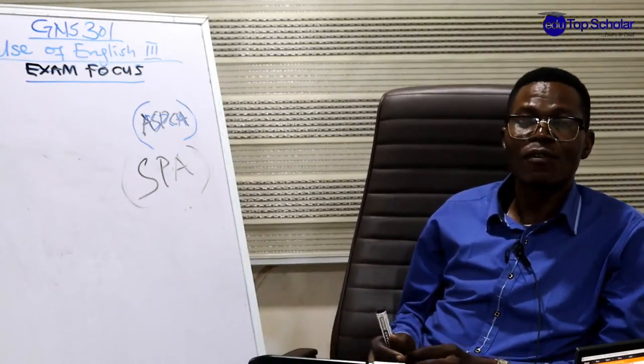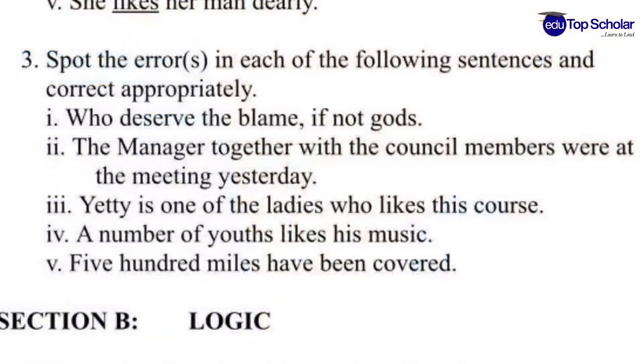But in this case, sentence number one is, who deserve the blame if not God? Now, what error is in this sentence? Ordinarily you see some sentences and you think there is nothing wrong with them. Now, who deserve the blame? Who is a singular subject.